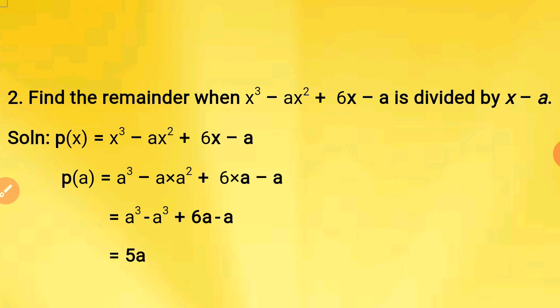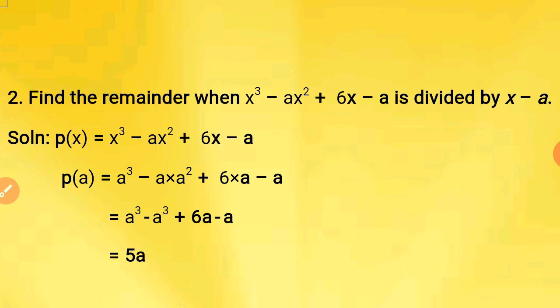Now the next question, that is question number 2. Find the remainder when x cube minus a x square plus 6x minus a is divided by x minus a. The divisor in this case is x minus a. So let's equate it to 0. If I equate x minus a equal to 0, I will get x equal to a.